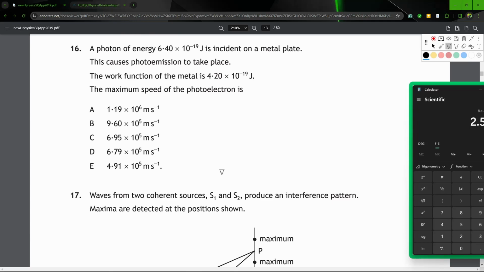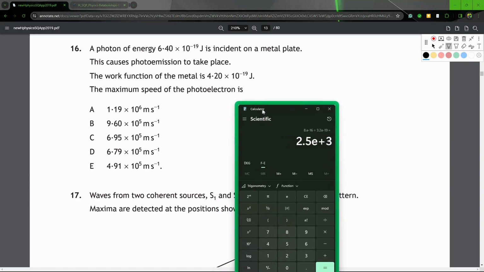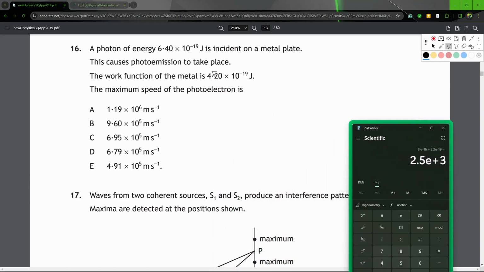16, a photon of energy 6.4 times 10 to the negative 19 joules is incident on a metal plate. This causes photoemission, i.e. electrons ejected, to take place. The work function of the metal is 4.2 times 10 to the negative 19 joules. The maximum speed of the photoelectron is what? Well, remember, the work function is the amount of energy required to get the electron off in the first place.